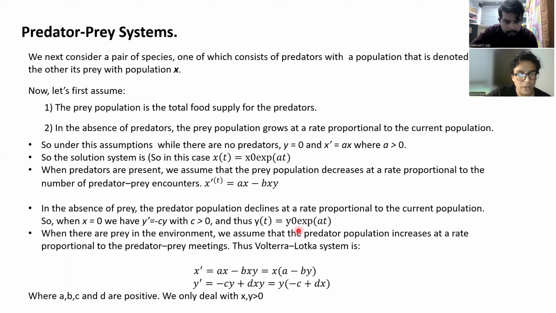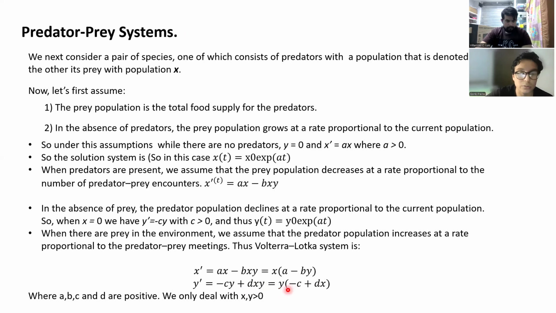So we have X prime equals A times X minus B XY. We also have Y prime equals minus C times Y plus D times XY, where A, B, C, D are positive.